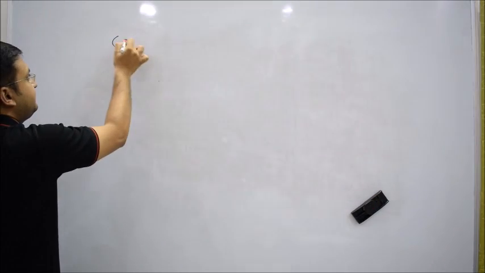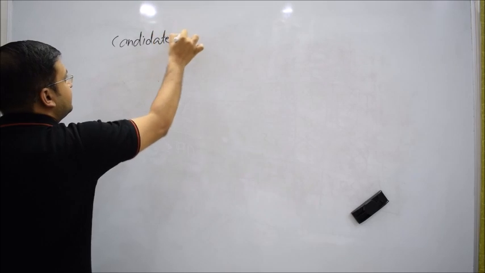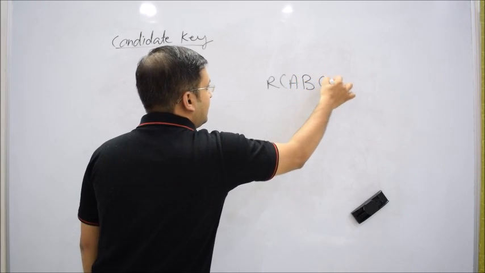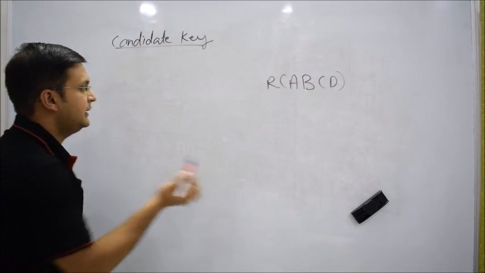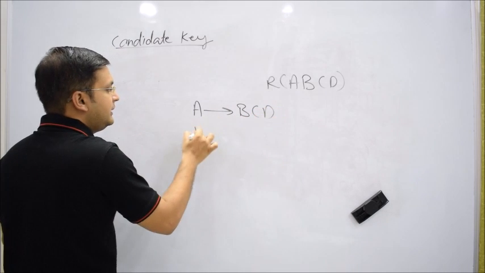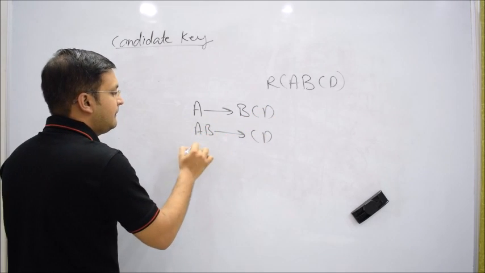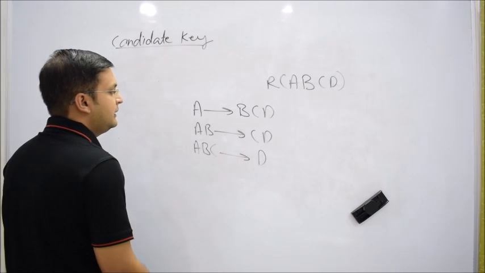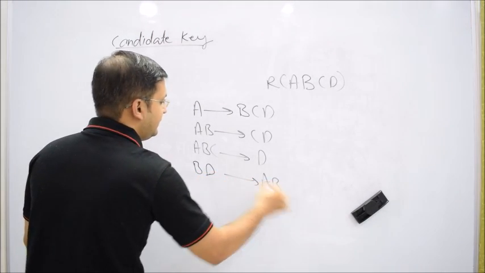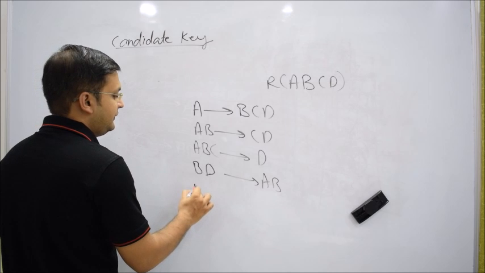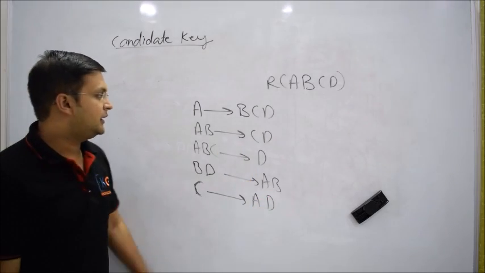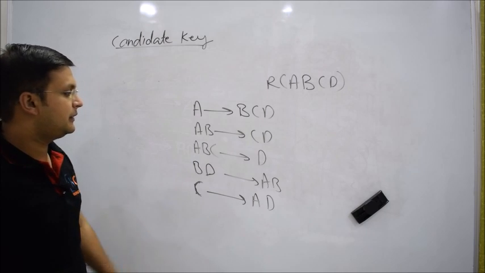For example, let me say I have a table which contains 4 attributes A, B, C, D, and there are some functional dependencies: from A you can find B, C, D; from A, B you can find C, D; from A, B, C you can find D; from B, D you can find A, B; and from only C you can find A and D. Now understand, take these cases separately, so these are not all the functional dependencies we'll be considering.